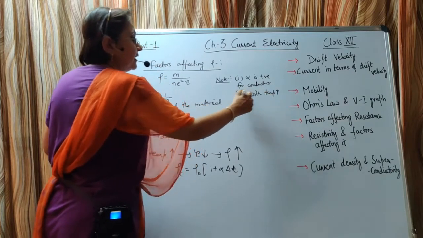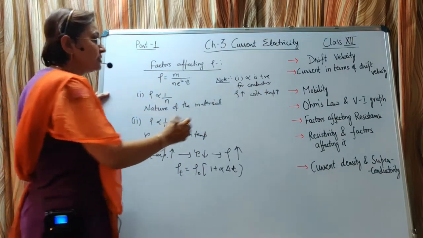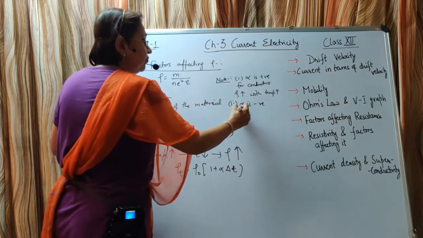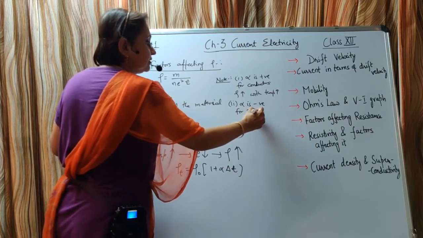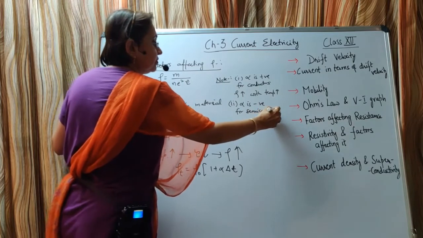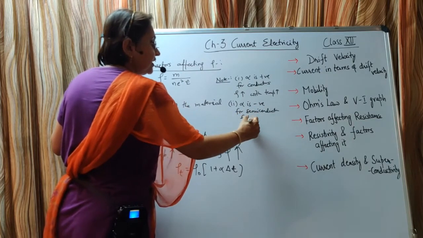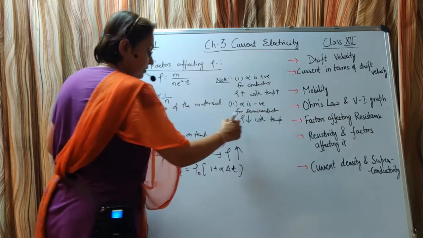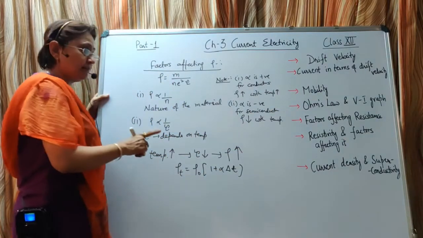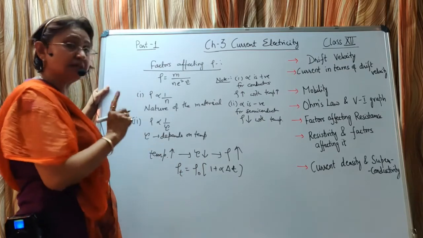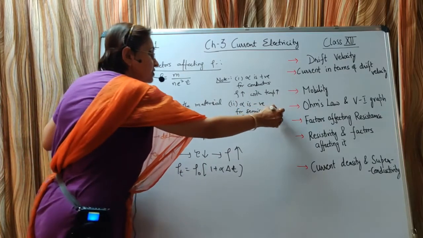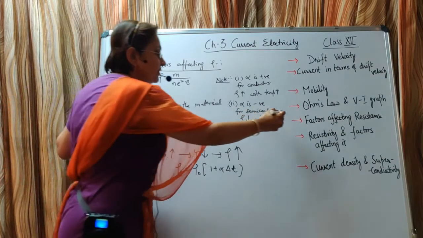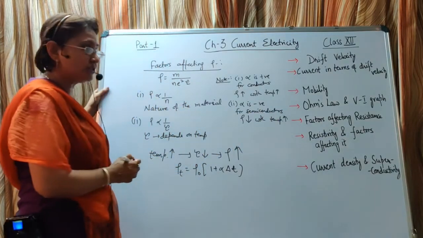Alpha is negative for semiconductors, so their resistivity decreases with the rise in temperature. As alpha is negative, the temperature coefficient of resistivity is negative for semiconductors, so their resistivity decreases when the temperature increases.